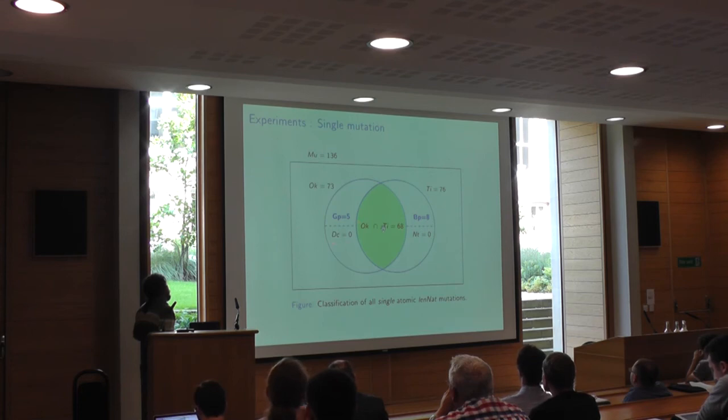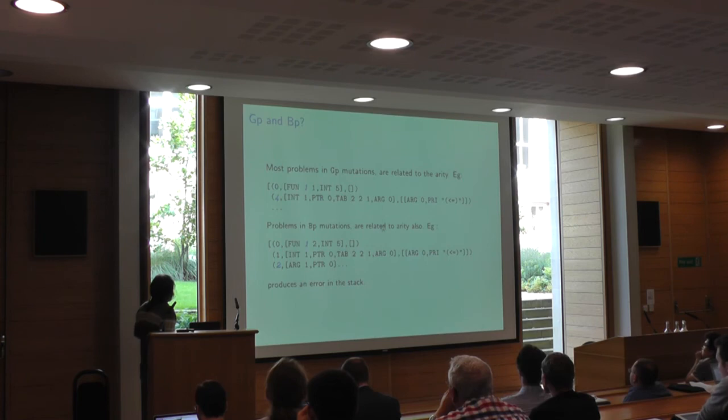We don't have dead code and non-termination, and we have 5 good programs that are stopped by Tyre-Check-I, and we have 8 bad programs that are accepted by Tyre-Check-I. So basically, most of the problems, according to my experiments, are related with the allocation function.